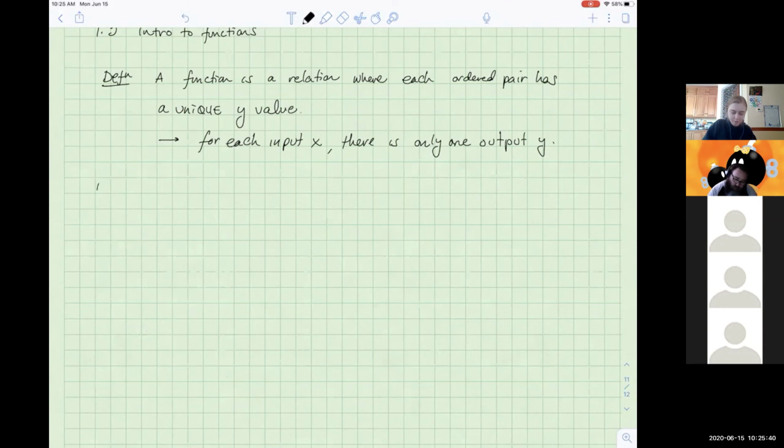The next, some more definitions. For a relationship or a function, could be either one, we define the following.